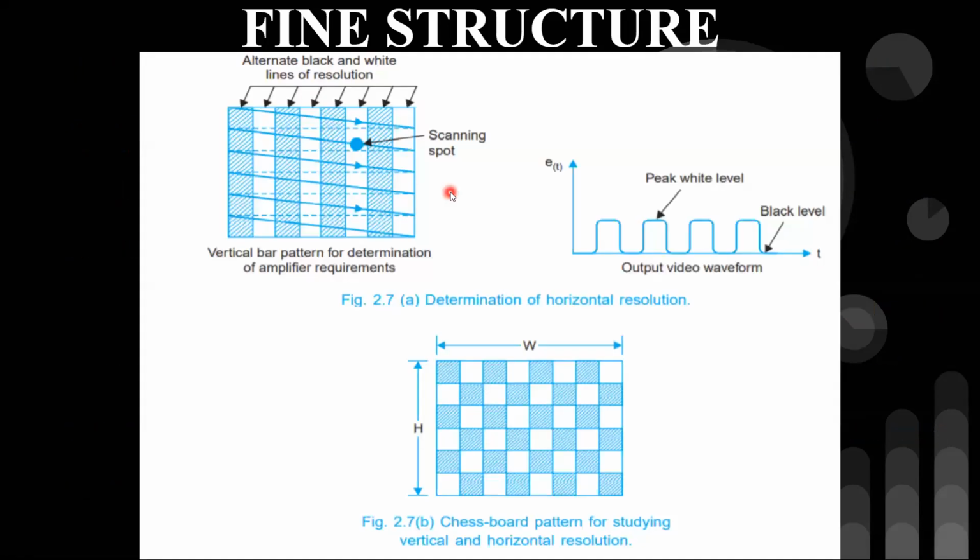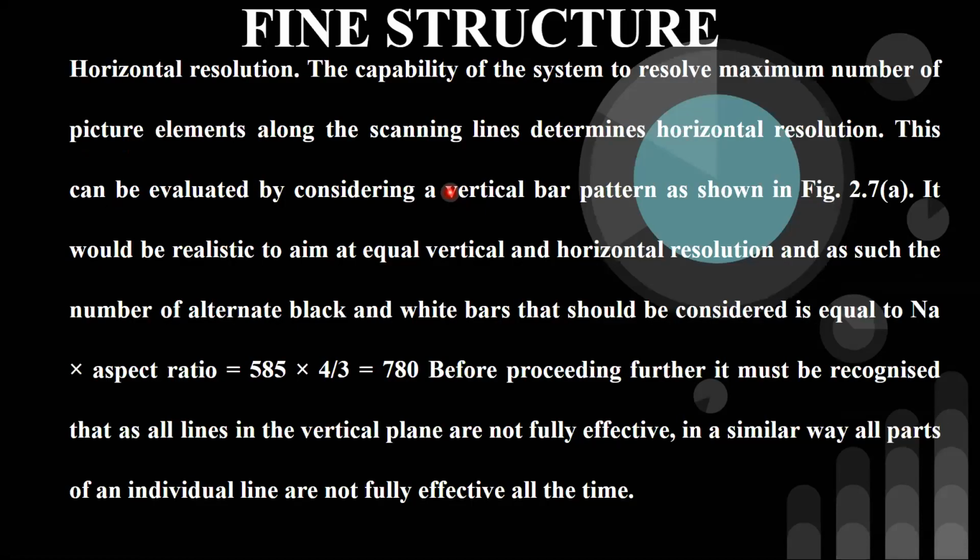This is the number of successive bars taken along the particular beam area. So it would be realistic to aim for equal vertical and horizontal resolution such that the number of alternate black and white bars considered is equal to the number of scanning lines.